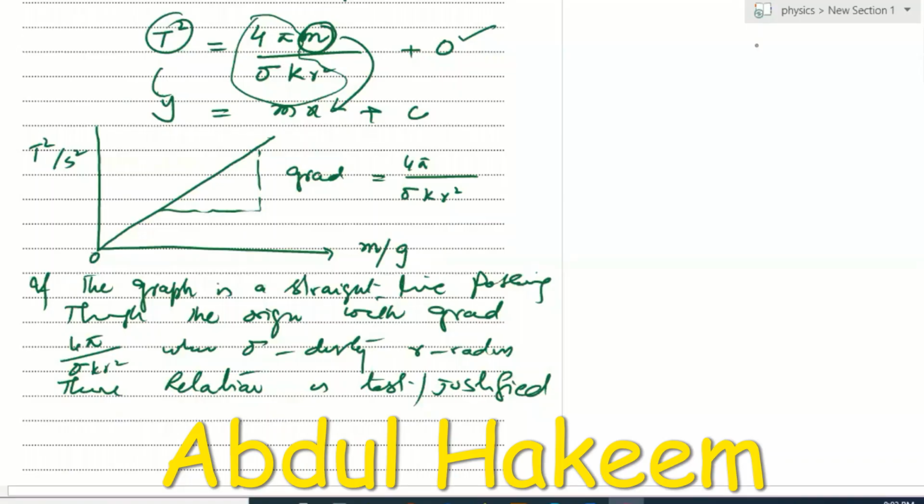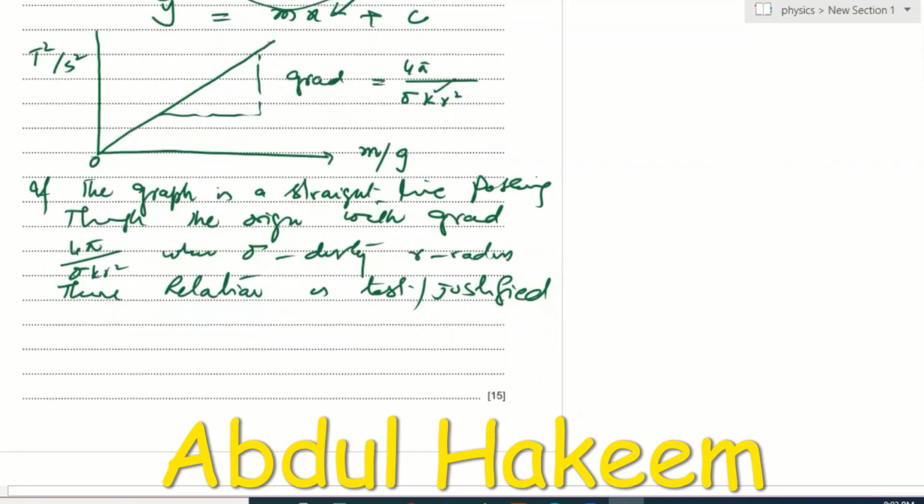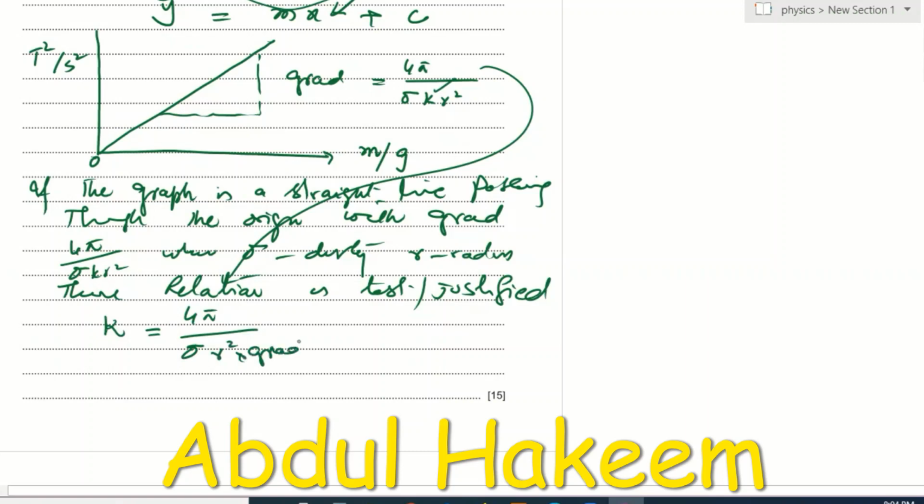Now the next step is we have to write the procedure, the method, how to calculate this K. Look, from this equation, we can write K is equal to 4 pi divided by sigma r square times gradient.